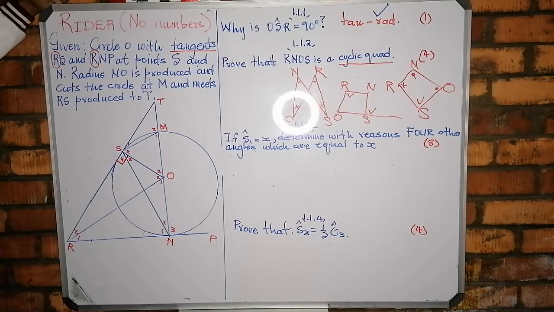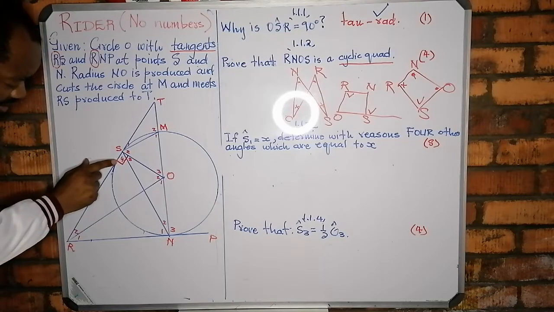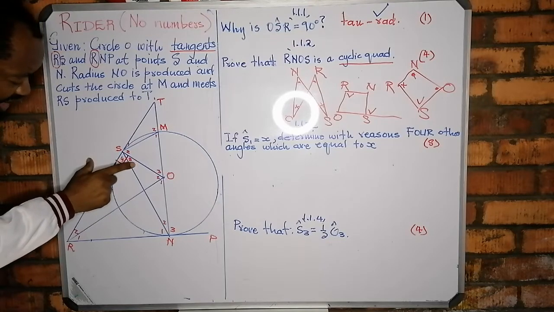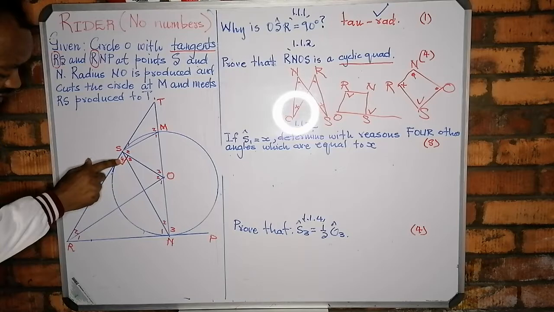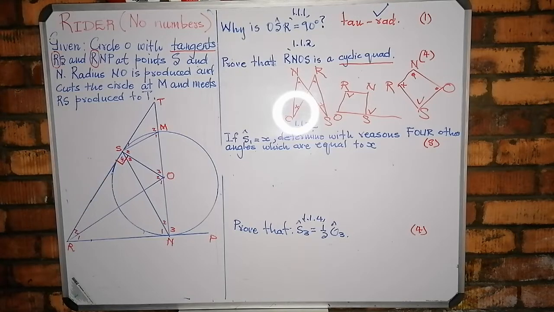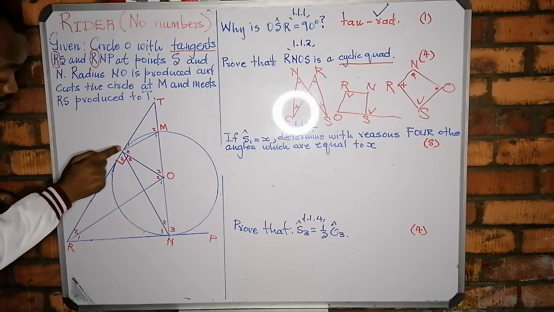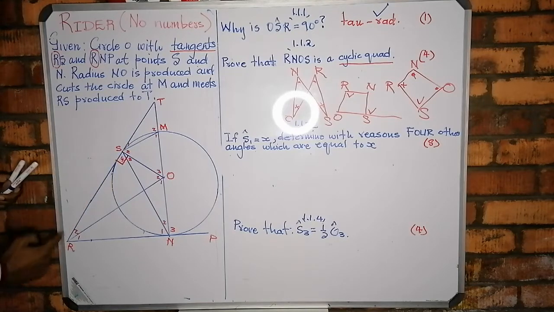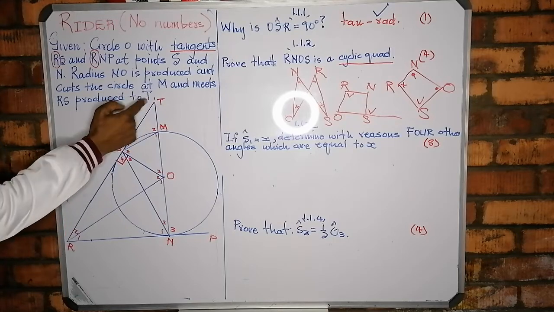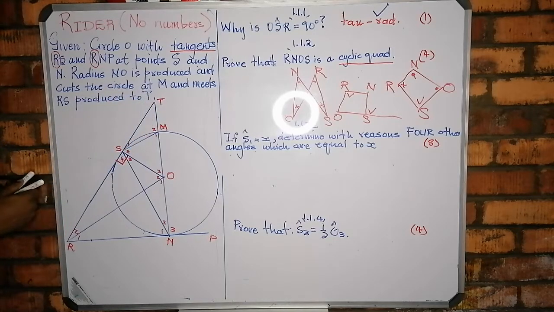Now, let's look at this one. Which shape are we going to use? Can you see that S3 plus S4 is 90 degrees? Beautiful. Now, can you see that? Remember, this was a tangent, meaning that it is a straight line which is produced to meet at that.